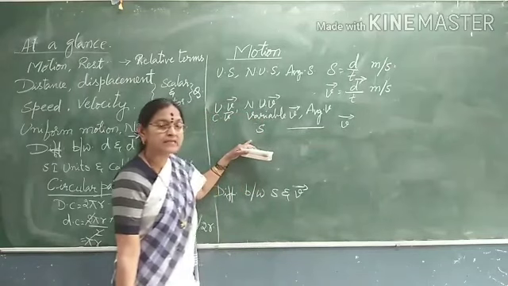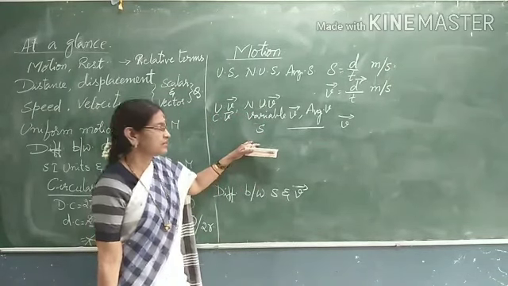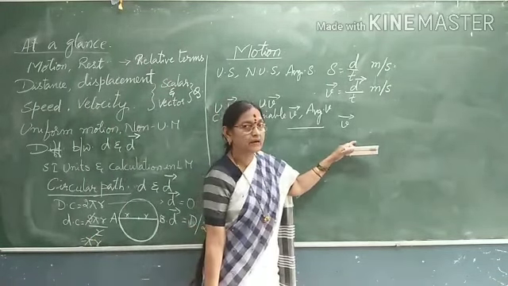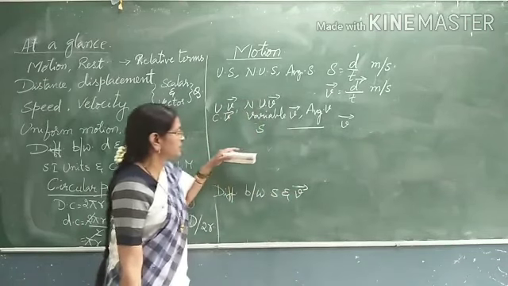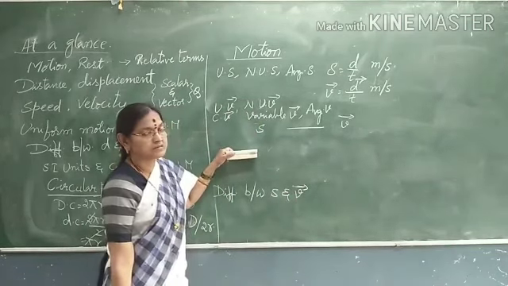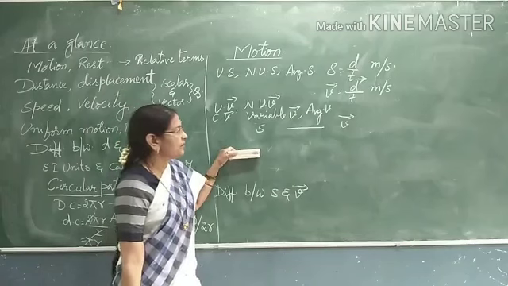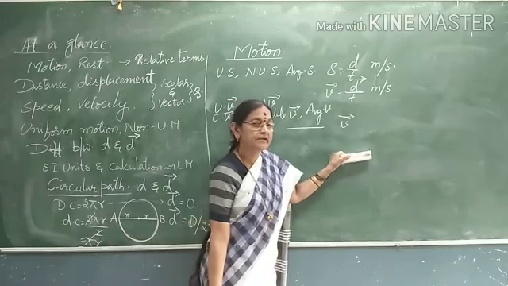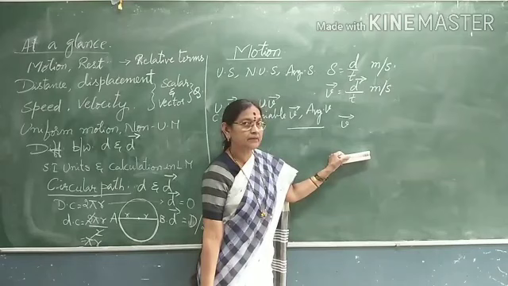Now, speed is a scalar quantity, whereas velocity is a vector quantity. Mathematically, speed is distance by time, whereas velocity is displacement by time.